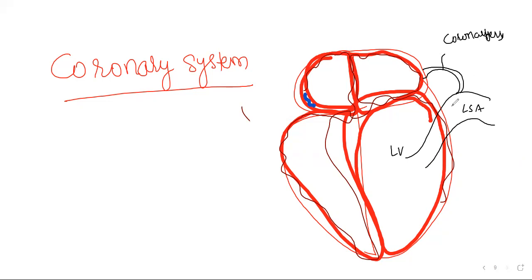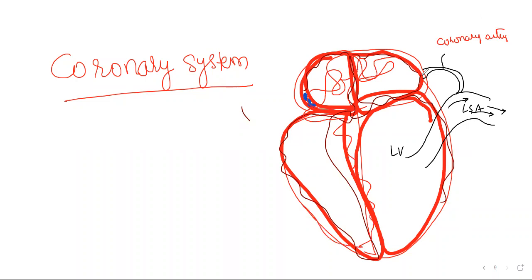So the left systemic aorta supplies blood to body parts, and there is a blood vessel called the coronary artery that turns to our side, that means the heart side, and that coronary artery supplies blood to the muscles of the heart. Now I am rotating my blood vessel; you should not understand this as happening in the lumen. It is happening in the walls of the heart.